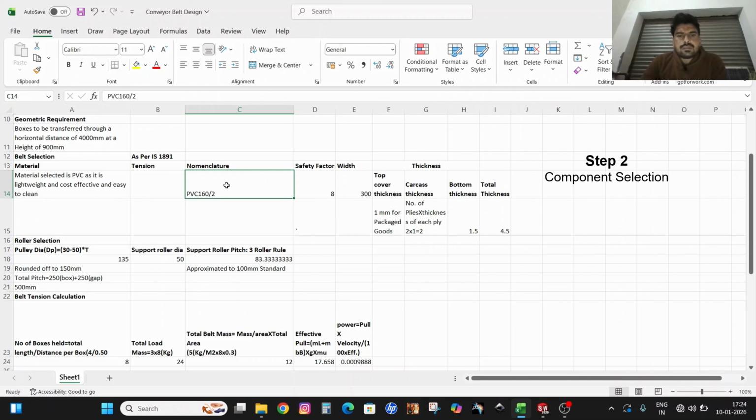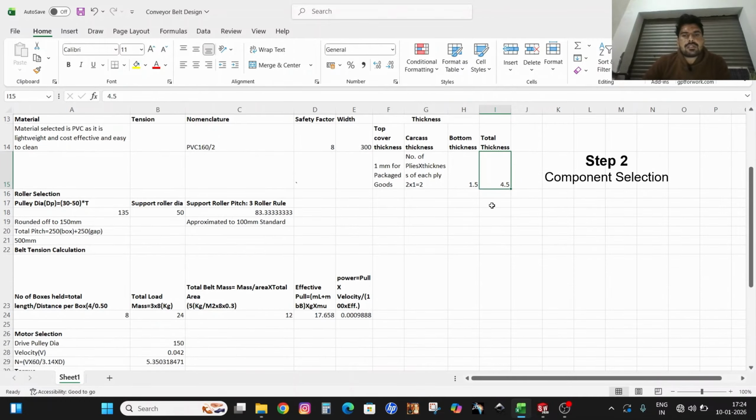The safety factor is 8, the width of the belt is 300 millimeters, the top cover thickness will be 1 mm, the carcass thickness will be 2 mm, and the bottom thickness will be 1.5 mm. By adding these 3 thicknesses, we get the final thickness, which is 4.5 millimeters of PVC belt.